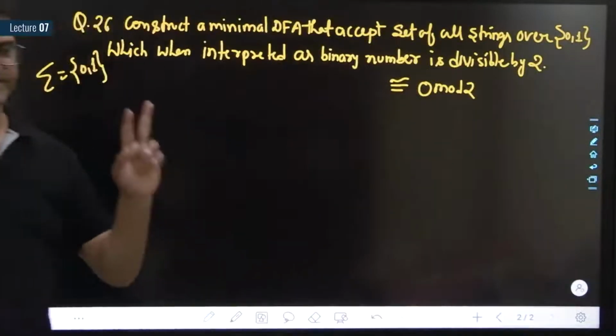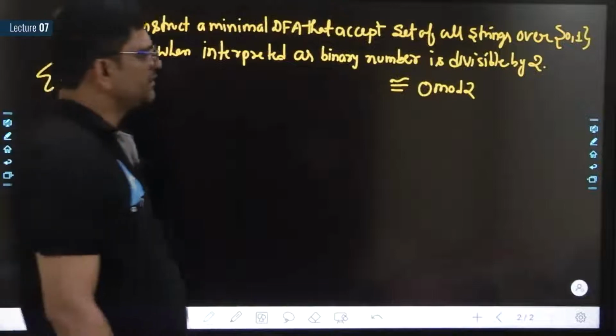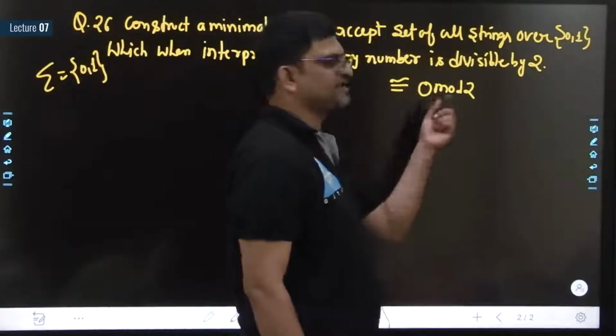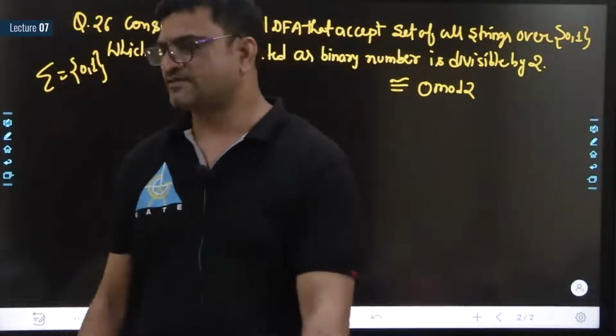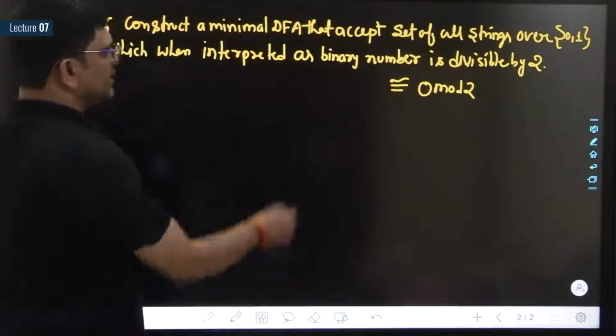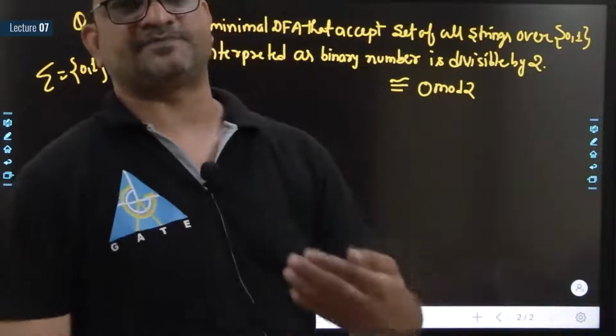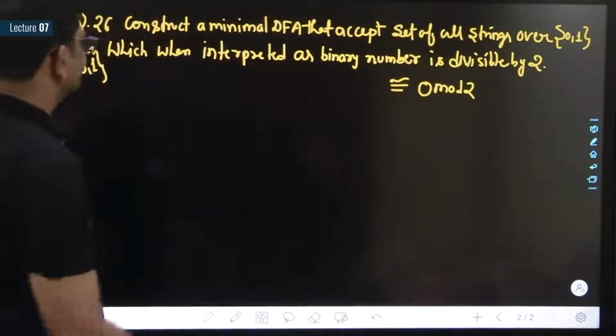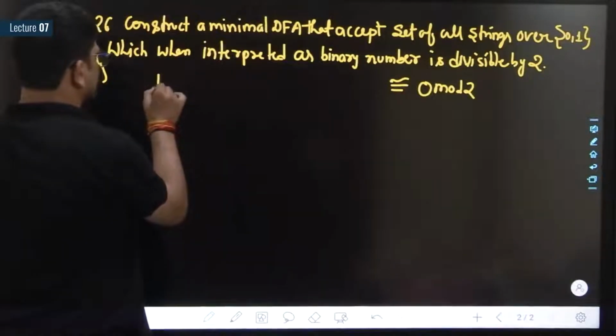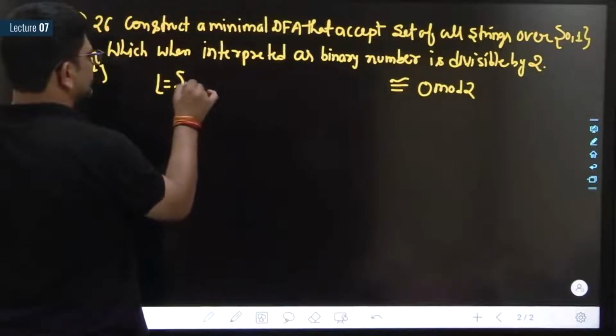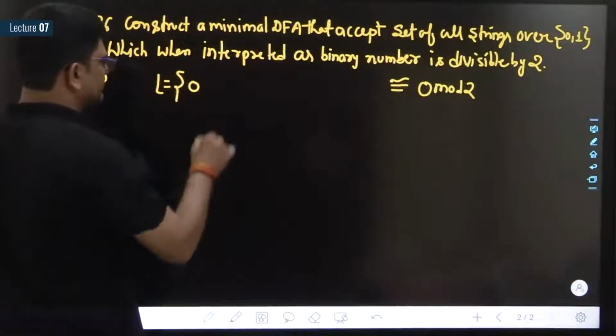How many states are there in this type of question? Same as the number of remainders. By default in this question we include epsilon as accepted. What is the language? 0 is accepted.